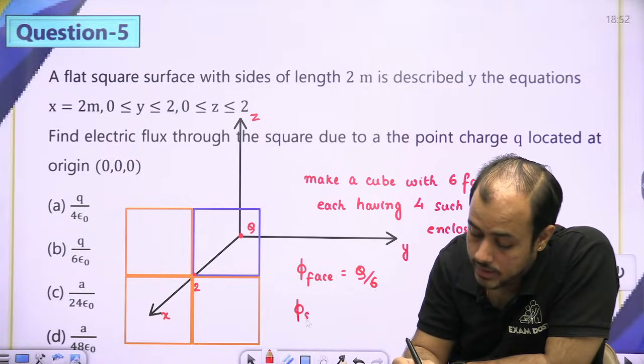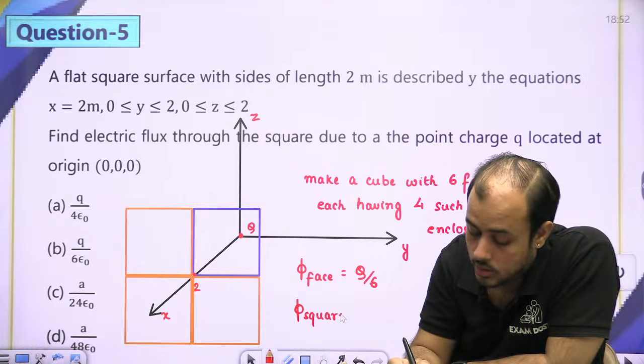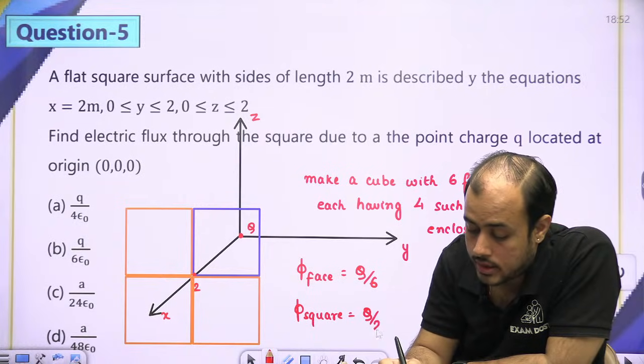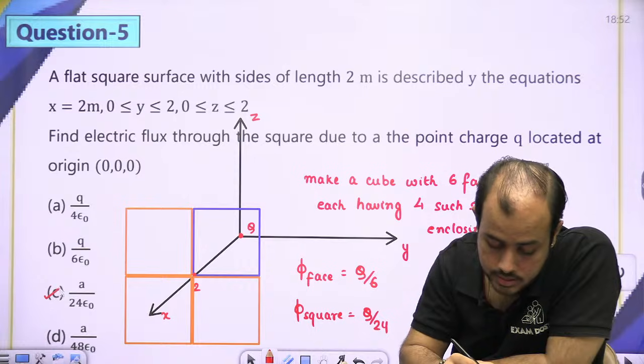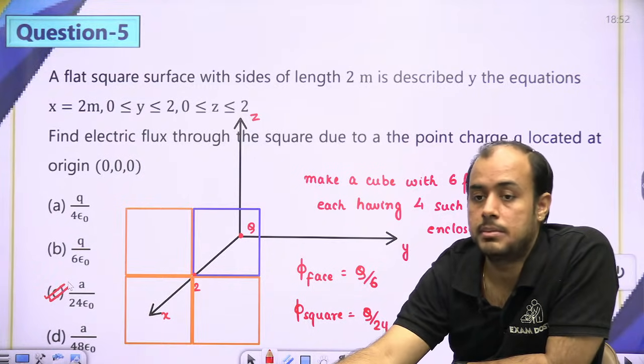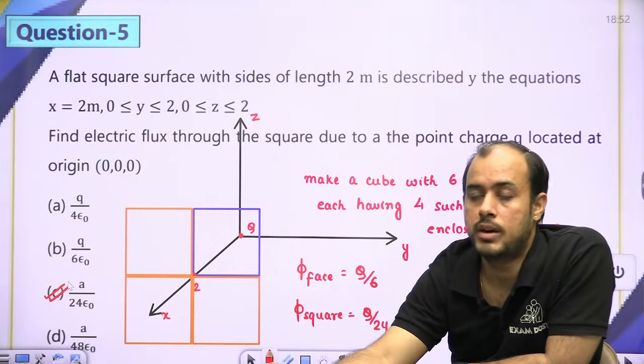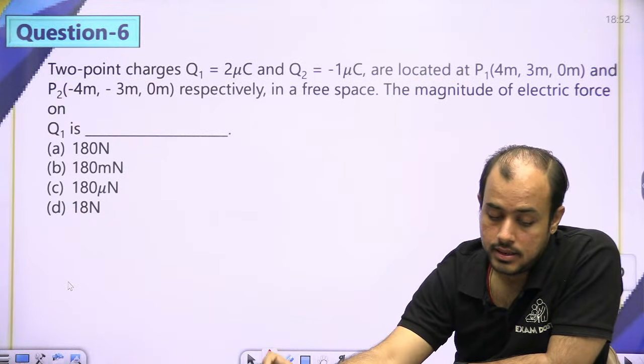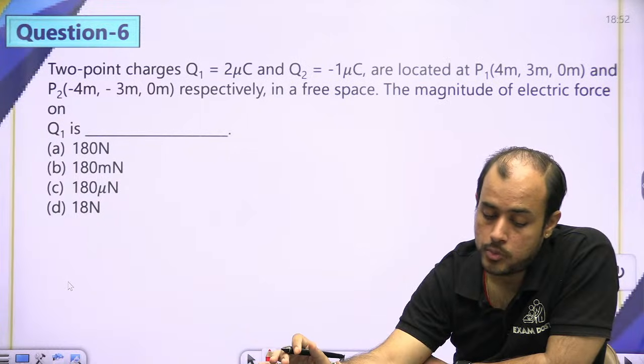So the flux through each square, because each face has 4 squares, is Q by 24. Let's see, do you get Q by 24 epsilon? Q by 24 epsilon. Come on, the last question of today. 2 point charges are located at these points.